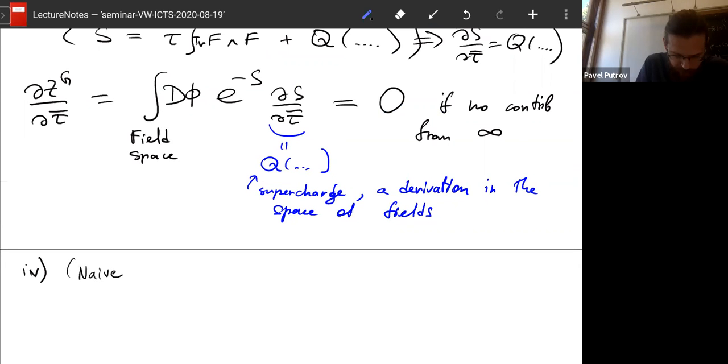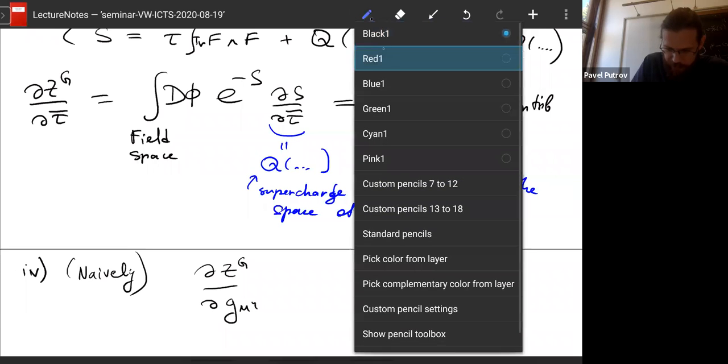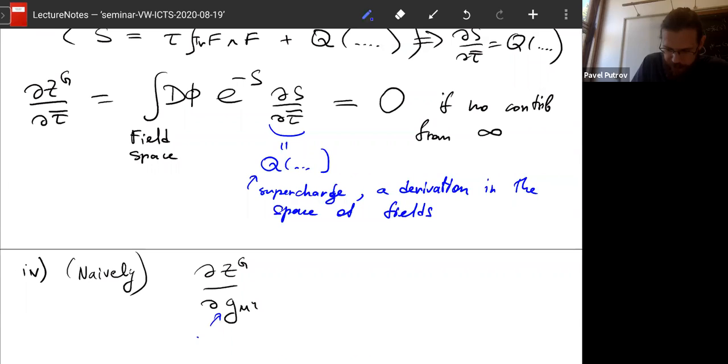Another naively expected property is that if I take the derivative with respect to, let me write it g_M4, which is a metric on M4, this is also naively 0.